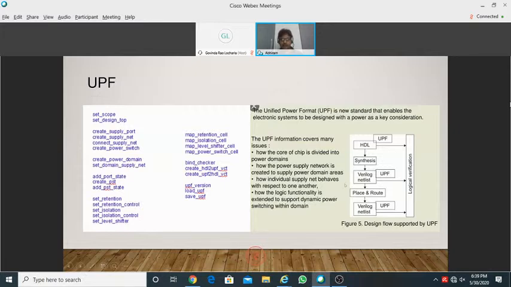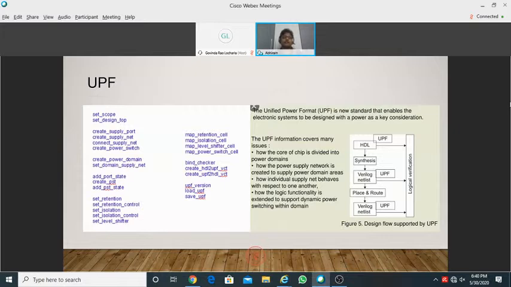Okay, and as you can see, logic functionality is extended to support dynamic power switching within the domain. Now, as you know, we have domain switching, which will switch from one domain to another domain. So all these things also have to be perfectly verified at the logical side.